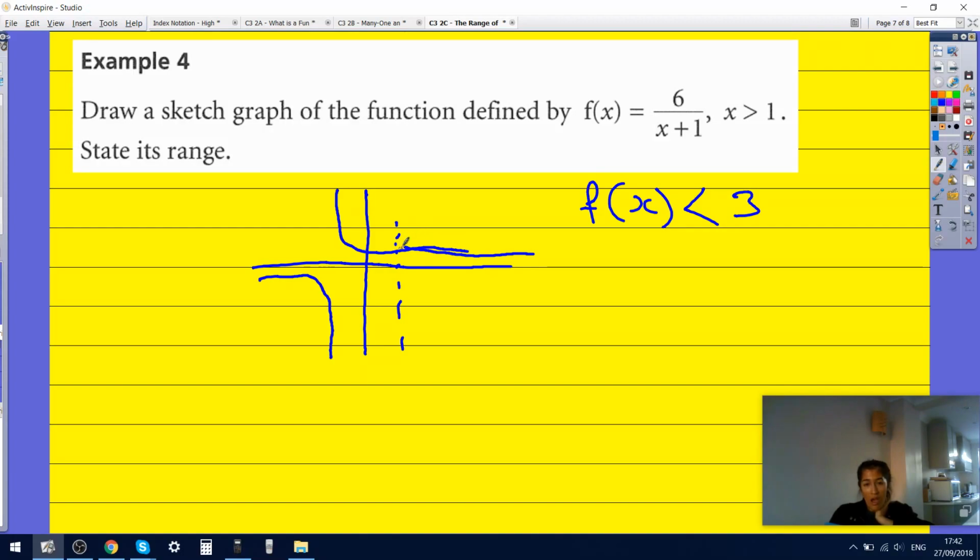So when x is 1, y is 3. And so the graph is going to be, oh, hang on. Will the graph eventually become -1? No. And so how would we fix this? Because -1 is less than 3.